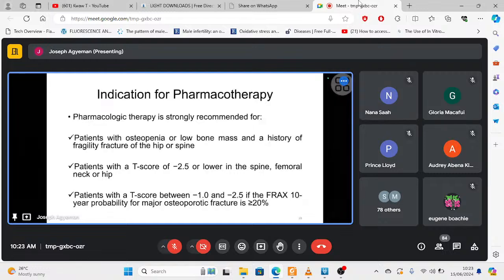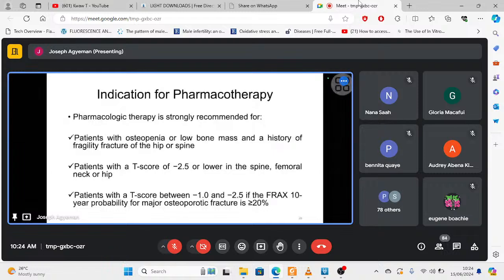Patients who have a very bad T-score when it comes to dual X-ray absorptiometry measurement, you have to put them on treatment. And even patients with relatively low T-score, that is between 1 and 2.5, they are not below 2.5. Below 2.5 is a very bad one.